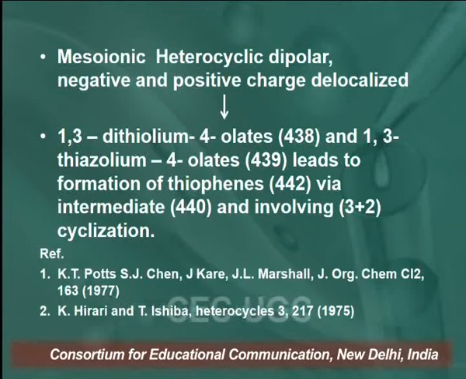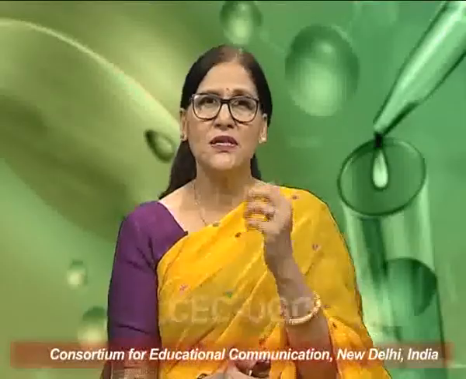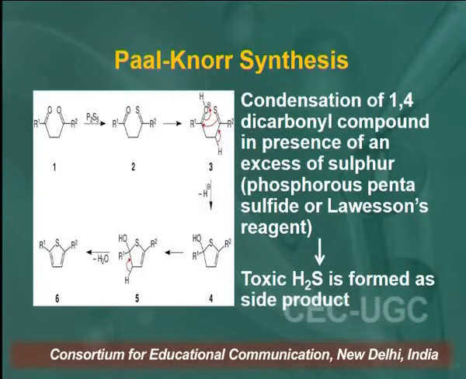Here 1,3-dithiolium 4-olate, whose structure you will see in the next slide, and 1,3-thiazolium 4-olates lead to the formation of thiophene derivatives via an intermediate, involving cyclization. Here we can understand how the cyclization and aromatization takes place.